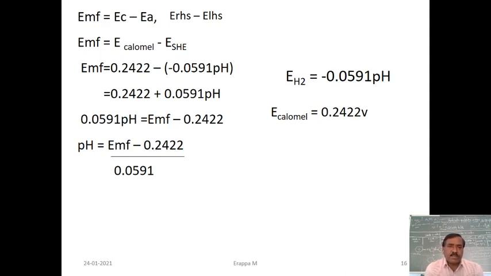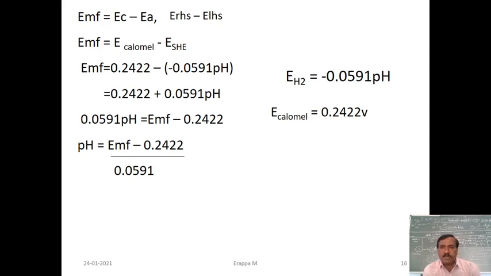So EMF is equal to the calomel electrode standard value 0.2422 minus E of SHE, which is E of hydrogen, 0 minus 0.0591 pH. Substituting this, EMF is 0.2422 plus 0.0591 pH. So 0.0591 pH is equal to EMF minus 0.2422.